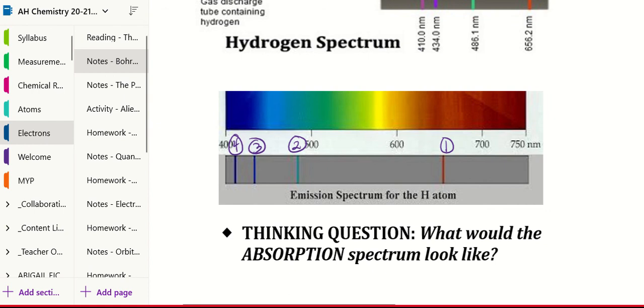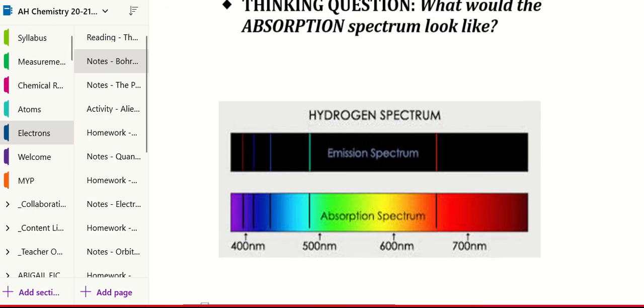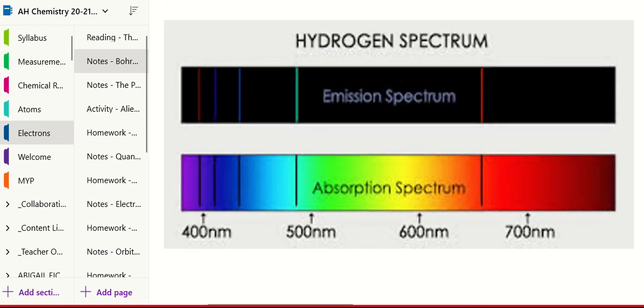So let's compare. I'm going to make that bigger. So this is the emission spectrum that we already looked at. This is the absorption spectrum. So notice, we see all the different colors of light, right?